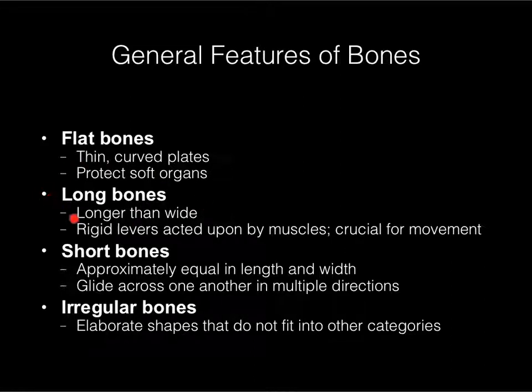Long bones. These bones are long. They're usually much longer than they are wide. And they are primarily found in the appendicular skeleton. But this is your stereotypical bone that you think of, right? Like a long thing with some knobby ends, like your femur or tibia or whatever.